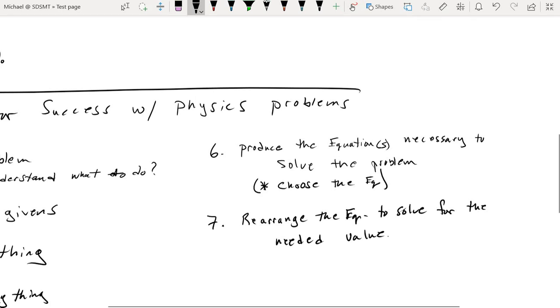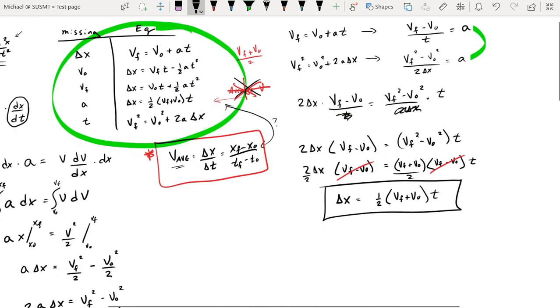You have all of these kinematic equations up top, and let's assume you're working a problem that involves the very last equation on the list, and it's your job to use that equation to solve for the displacement of the object.